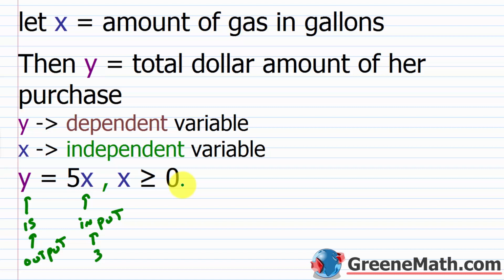If she rolls up to the pump and she decides not to buy anything, that's fine. She could buy 0 gallons. She can buy some positive amount up to the point where her car is full or the station has no more gas, right? Those are the kind of constraints in the real world. But she can't roll up to the station and pump a negative amount of gas, right? She can't siphon gas out or something silly like that. So we put this constraint in here to say that x, the amount of gas in gallons she's going to buy, is going to be greater than or equal to 0.